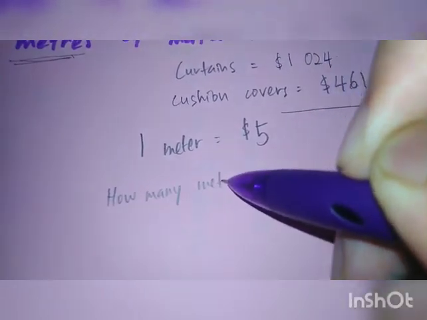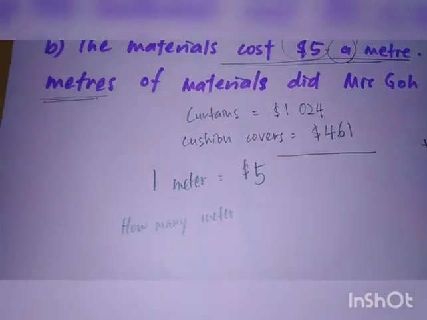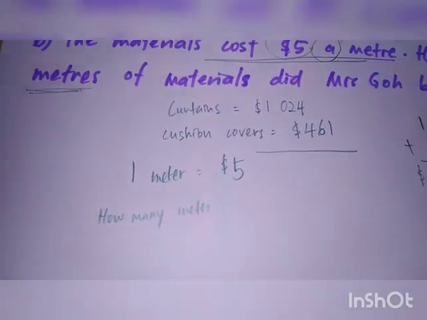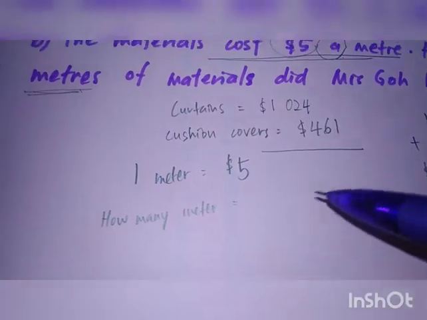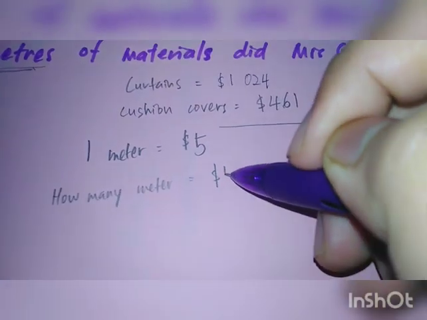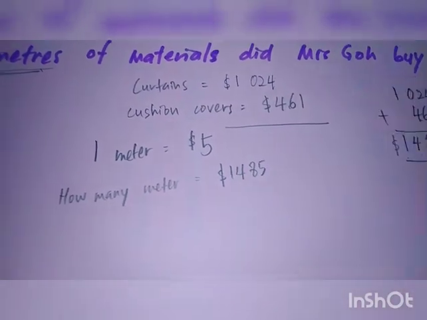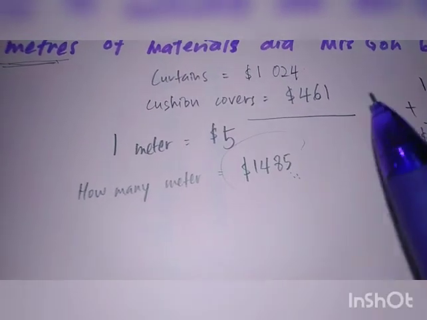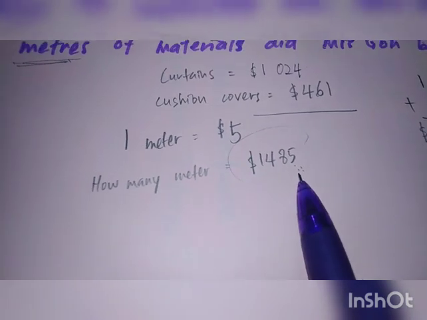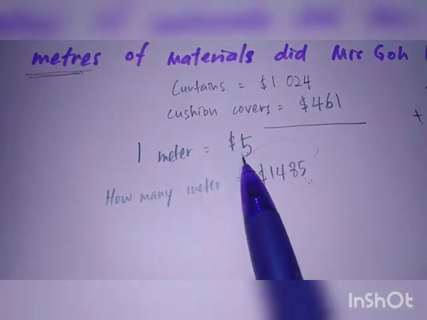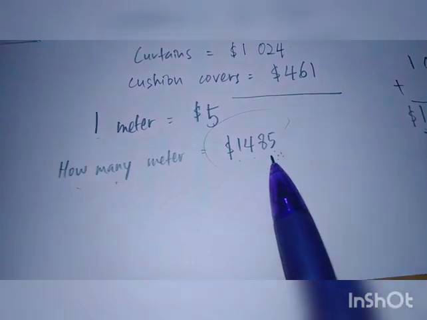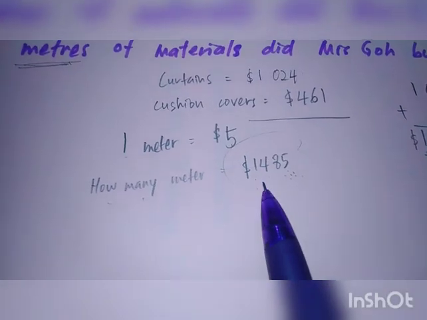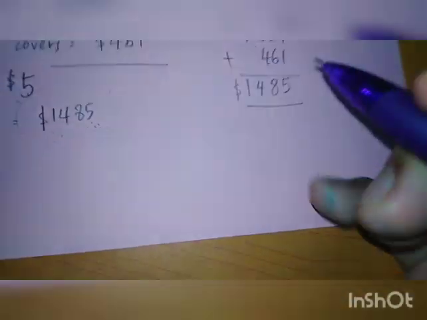So how many meters is used for $1,485? This is the total spending for the curtains and also the cushion cover. So 1 meter we know is $5, so how many meters for 1,485? You just need to divide by 5.